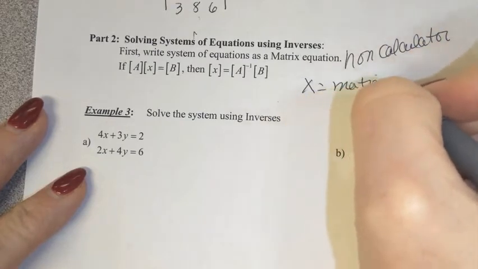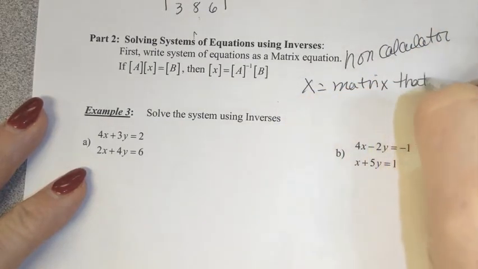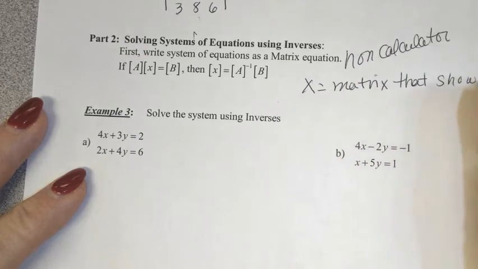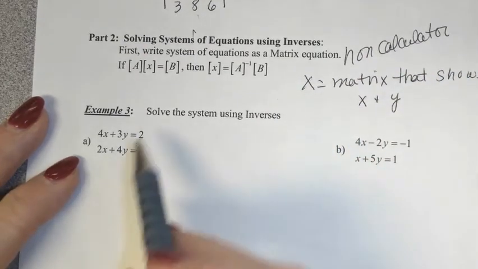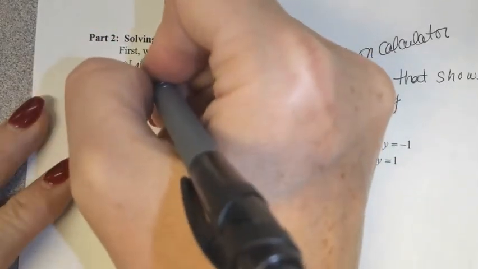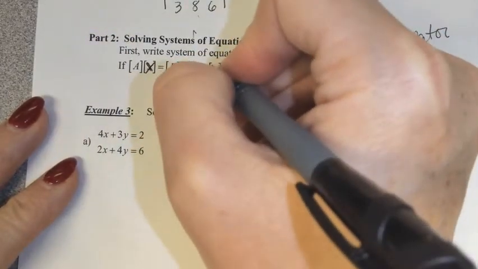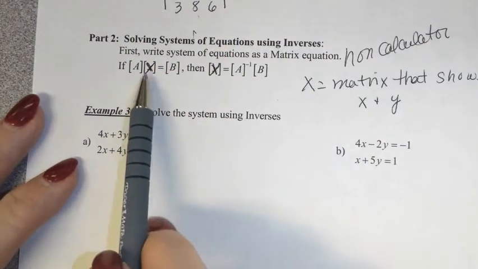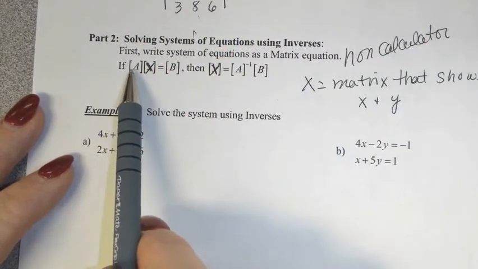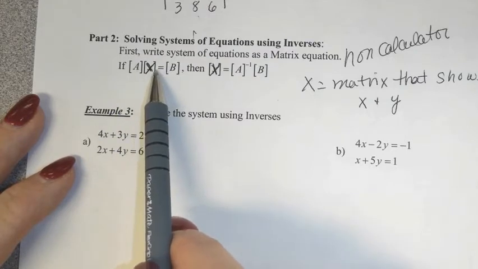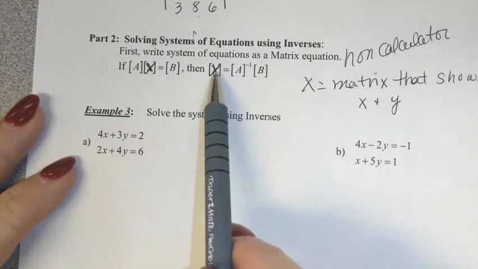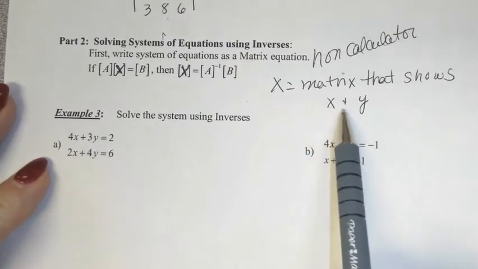That's not just going to solve for x, it's going to solve for the matrix that shows x and y. So in that case, x isn't just an x value, it's the whole matrix. In fact, it's better if those are capital X's to represent a matrix X. And that matrix X we'd be finding would be the one that tells us what x and y are.